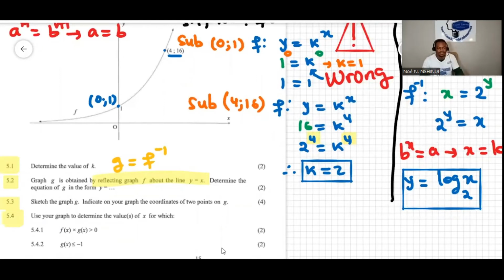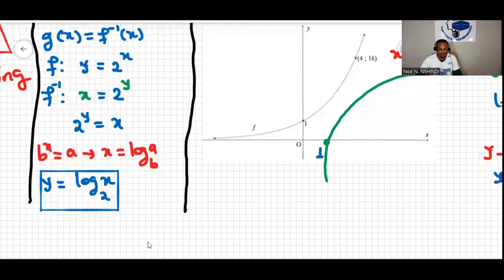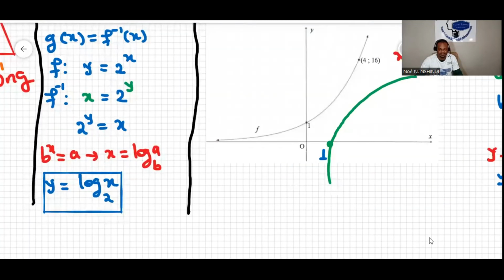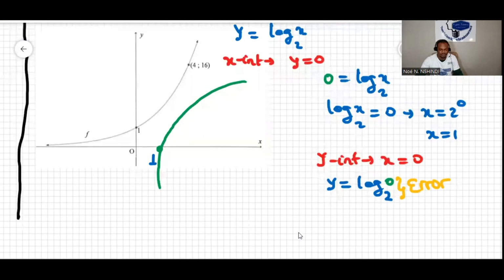The question says: use your graph to determine the value or values of x for which f of x times g of x is positive and g of x is less than -1. So we're going to use the graph for that. Let's write it here, 5.4.1.